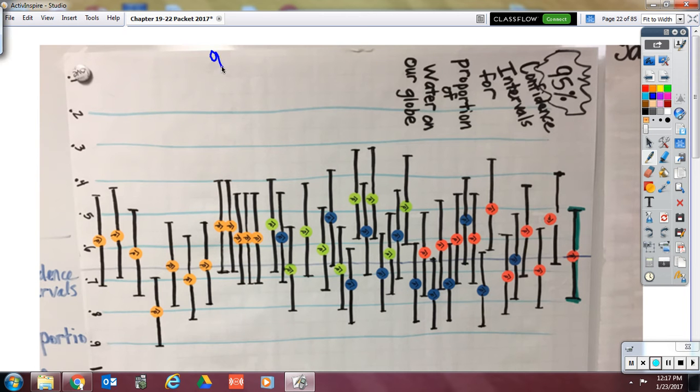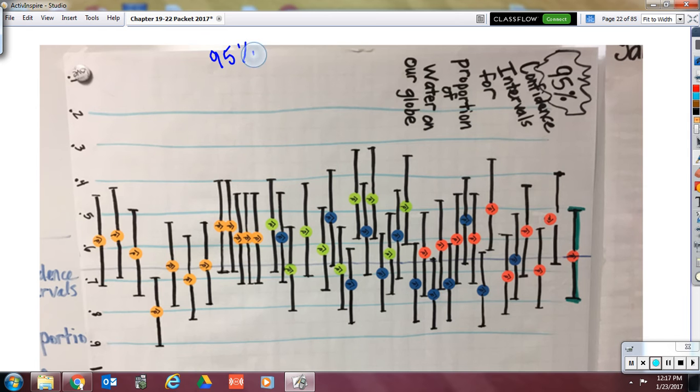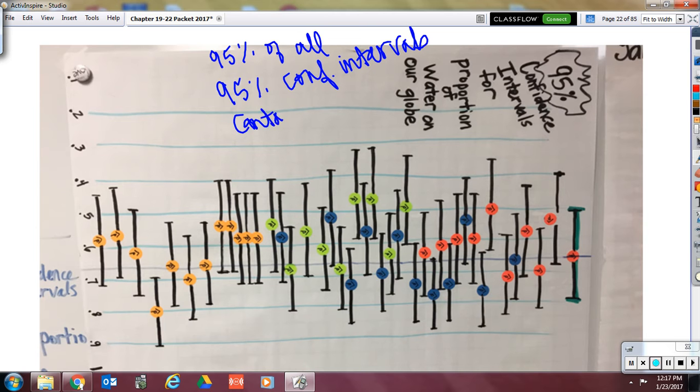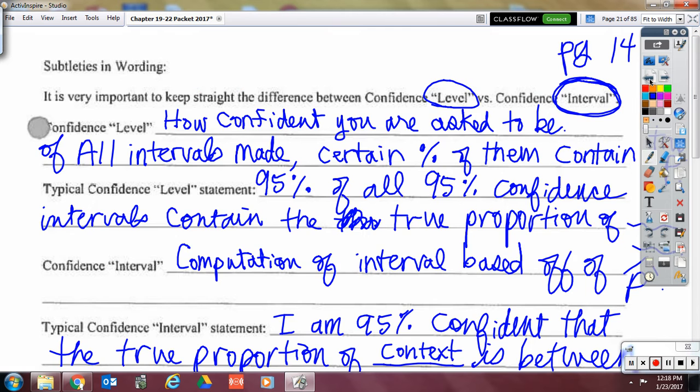So we are saying 95% of all of the 95% confidence intervals contain the true proportion of water on the globe. That is the interpretation that you would say for a confidence level.